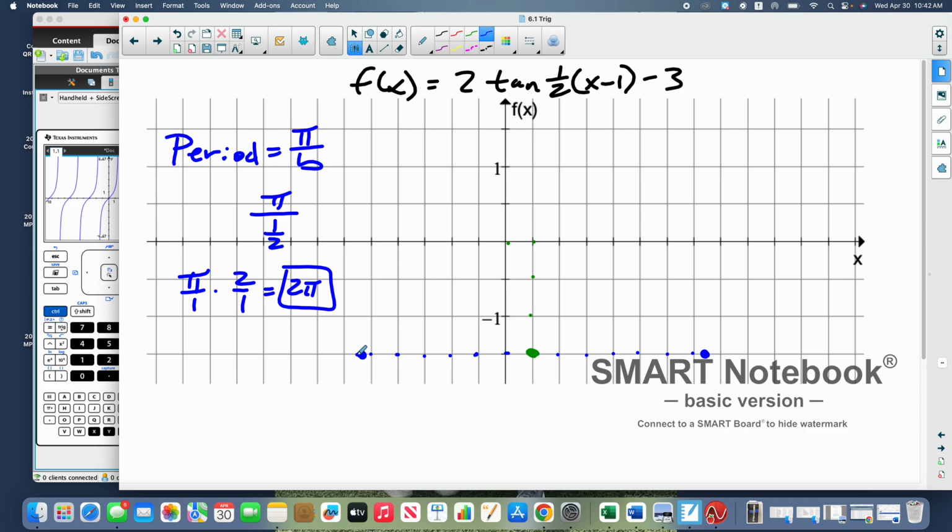The next thing that I would do is I would draw my asymptotes. Where are my asymptotes going to be? They're going to be right in the middle of those 2 points there, okay? So if I were to look here, these are basically 6 away from each other, pretty close.